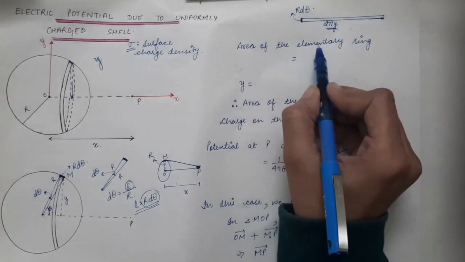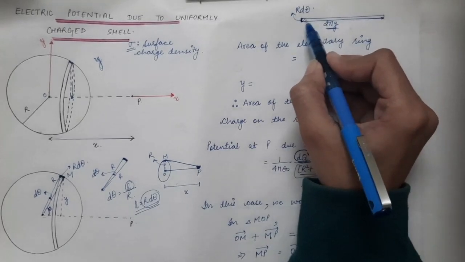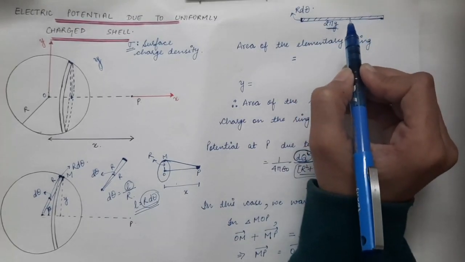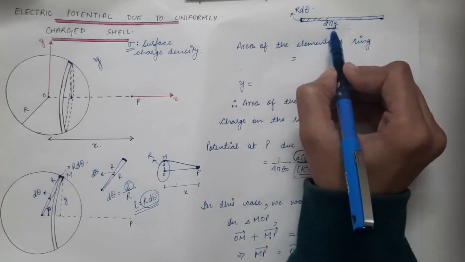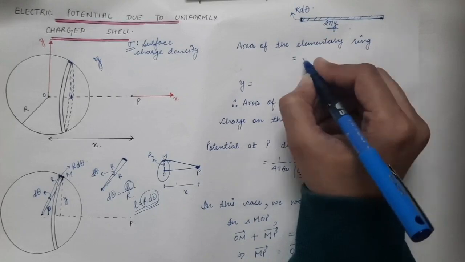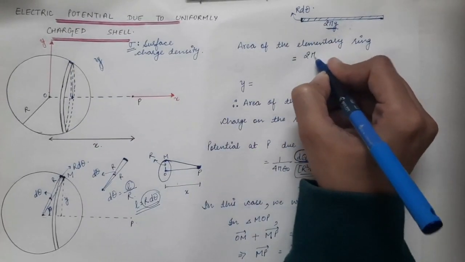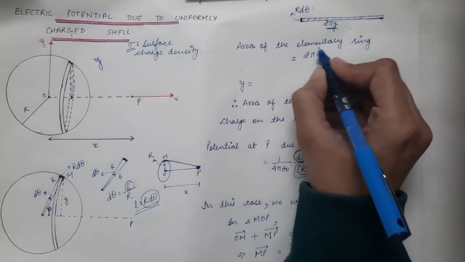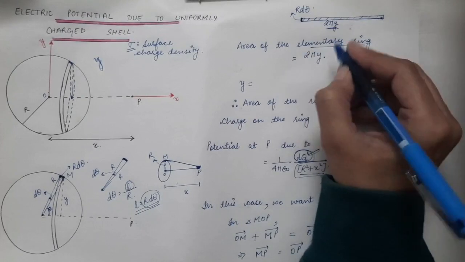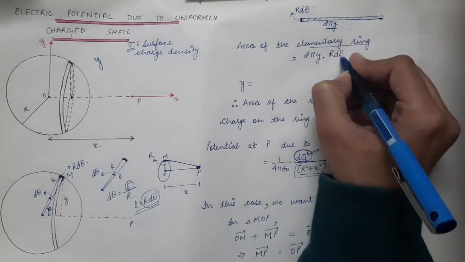So the area of the elementary ring will be equal to the area of this patch, or you can say the area of this rectangle, and that will be length into breadth. So we have 2 pi y into r d theta. The area of this particular elementary ring will be equal to 2 pi y, where y is the radius of this elementary ring, into the breadth, which is r d theta.